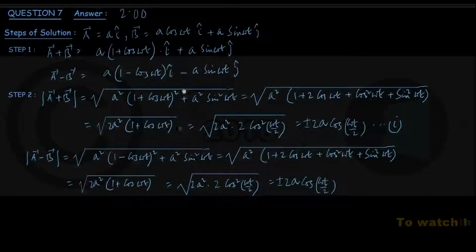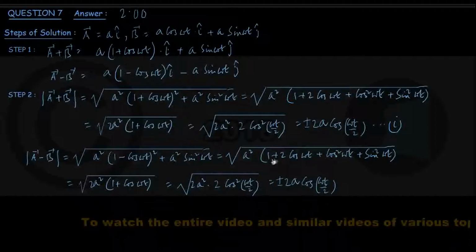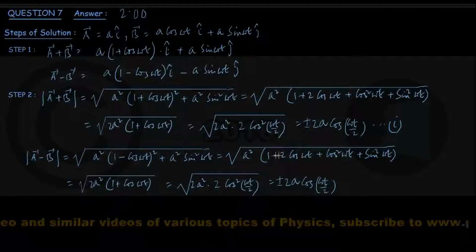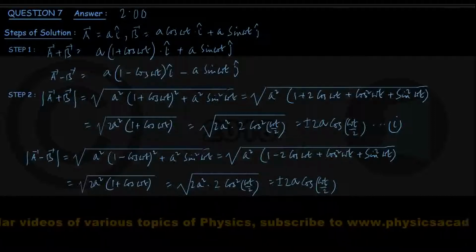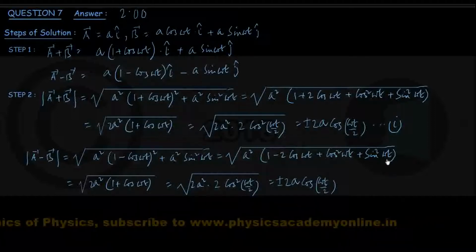Whether it's plus or minus, no difference, plus A square into sine square omega t. So in the next step, A square into, inside brackets, 1 minus 2 cos omega t, then plus cos square omega t plus sine square omega t.